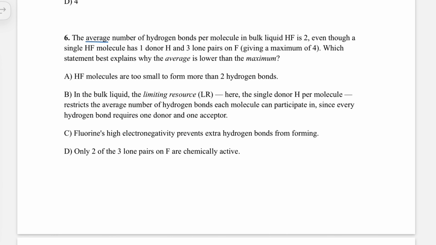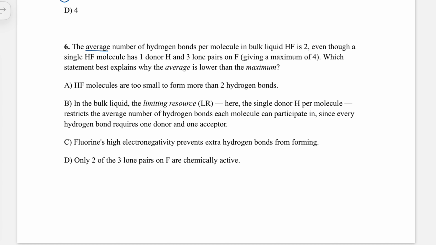So question 6 is the average number of hydrogen bonds per molecule in bulk liquid HF is 2, even though a single molecule has 1 donor and 3 lone pairs, giving a maximum of 4. So that would be the maximum number of hydrogen bonds, but the average is 2, and they're asking, why is the average lower than the maximum? In the slideshow, you will have learned that the average is 2 times LR, which stands for the limiting resource.